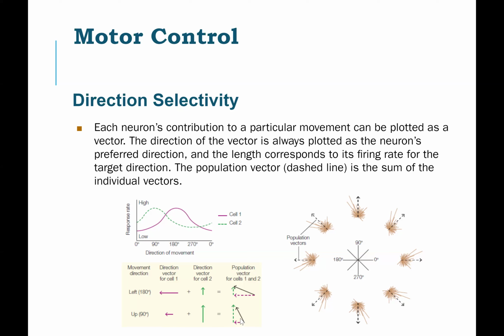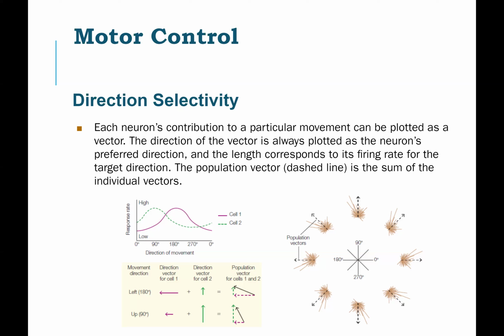So the direction of movement changes. So this is a form of, again, population coding for movement, where it depends on which cells are active and how active they are. So if I want to make an upward movement, the way this movement would be programmed in the motor cortex is by having a lot of cells that have that movement as their preferred movement be active.